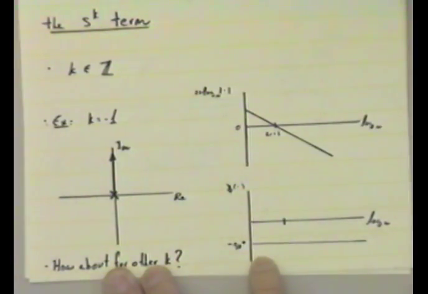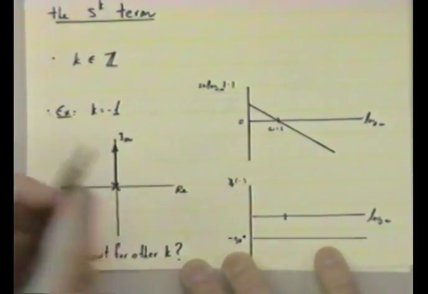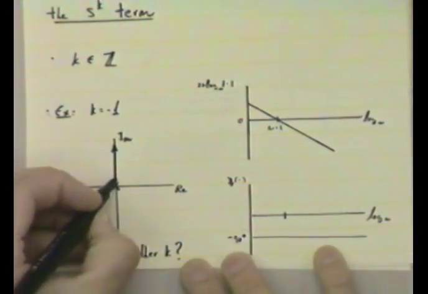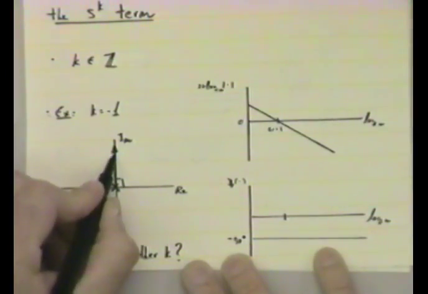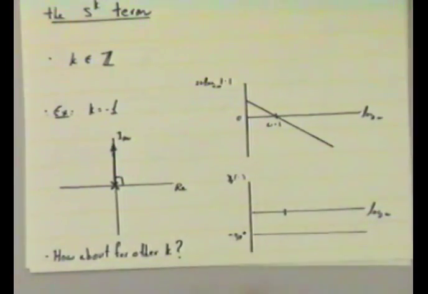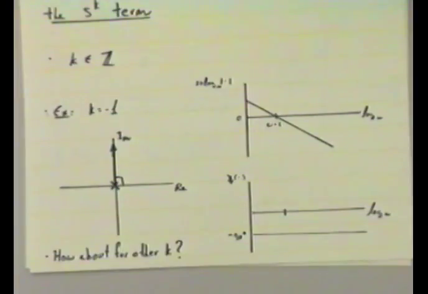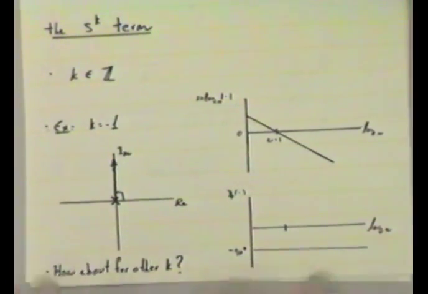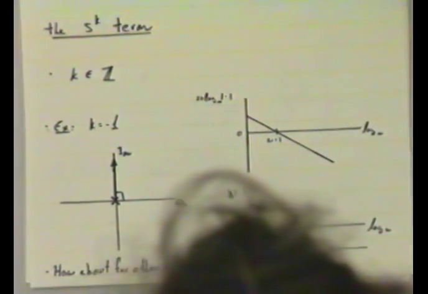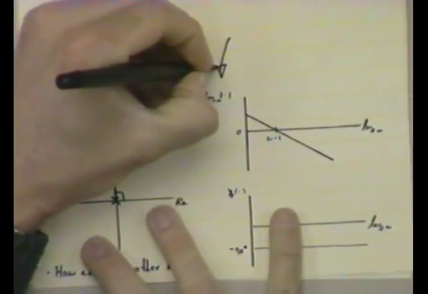The phase is really easy, right? The phase is given by the negative of this angle here. There's no frequency dependence, and therefore the phase is just a flat minus 90 degrees. Does everybody understand the minus sign in here? Yes, this is just my notation.